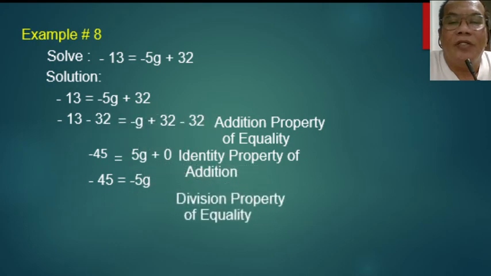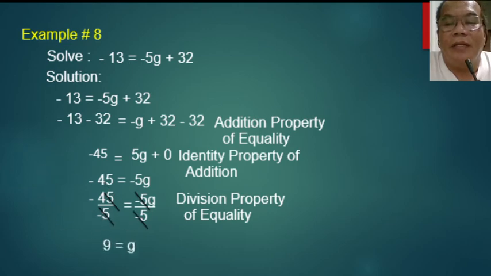So that is the division property of equality. So negative 45 divided by negative 5 is equal to negative 5g divided by negative 5. Cancel negative 5, negative 5. And we all know that negative divided by negative is positive. So g is equal to positive 9.